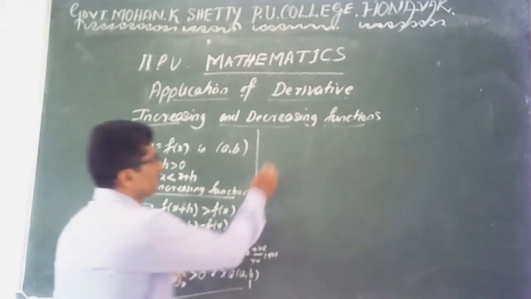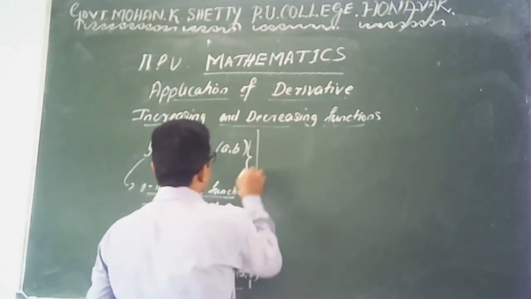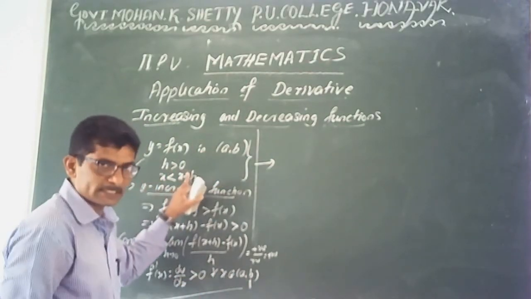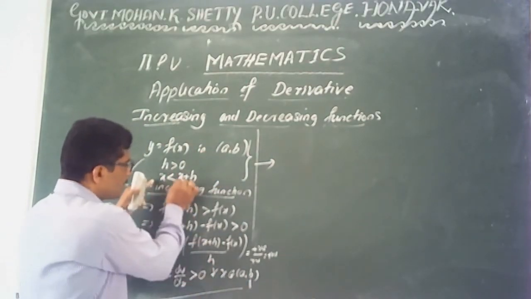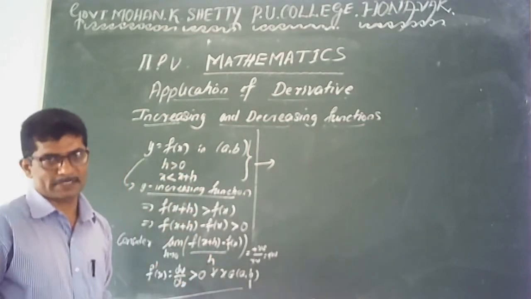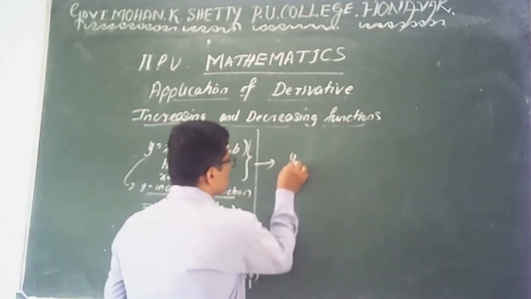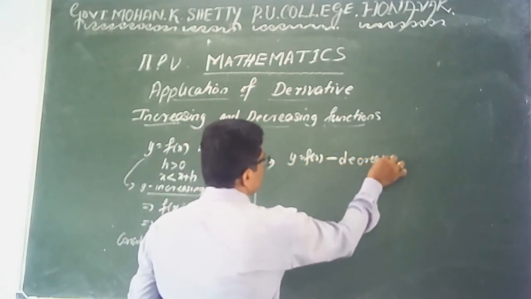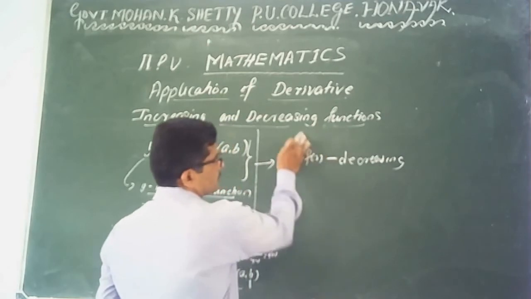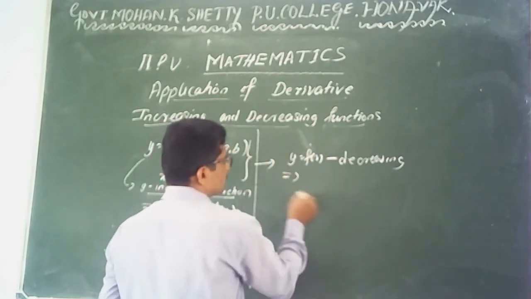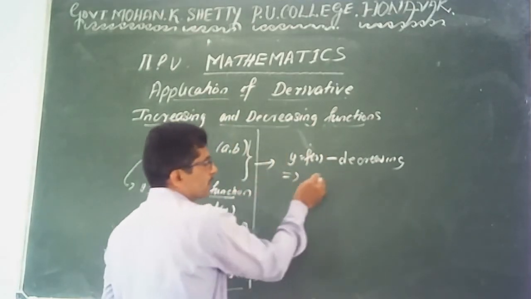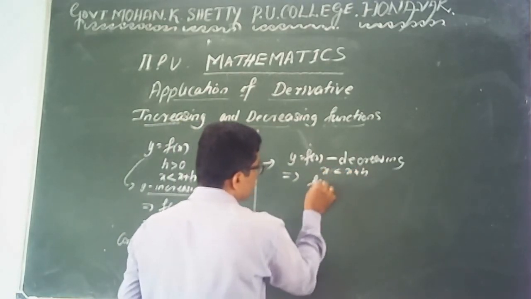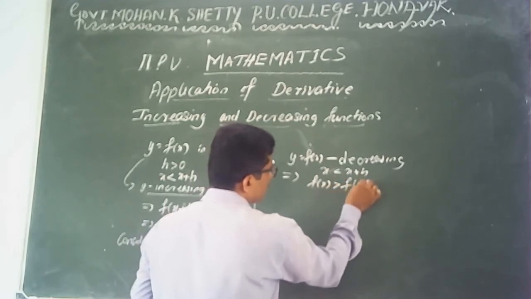Here also simply verify y is equal to f of x, a continuous function, and it is differentiable. h is a small positive quantity, then x is always less than x plus h. Here suppose y is equal to f of x is decreasing. This one is a decreasing function. Suppose it is decreasing, it implies by definition x is less than x plus h, so f of x is greater than f of x plus h.